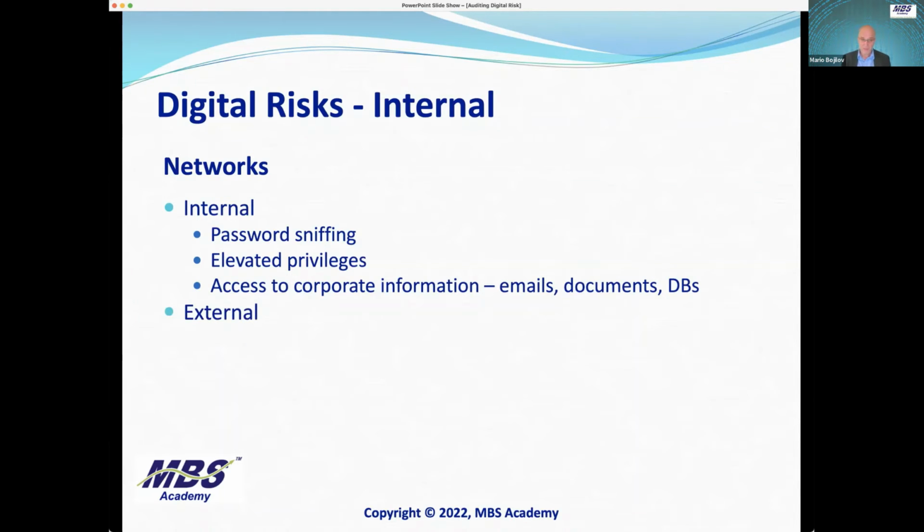Then we have external threats and risks that we need to keep in mind. There is a number of those, but one which I would like to bring your attention to is the advanced persistent threats. So basically, when we talk about APT, these are very focused attacks which are just focused on one organization.